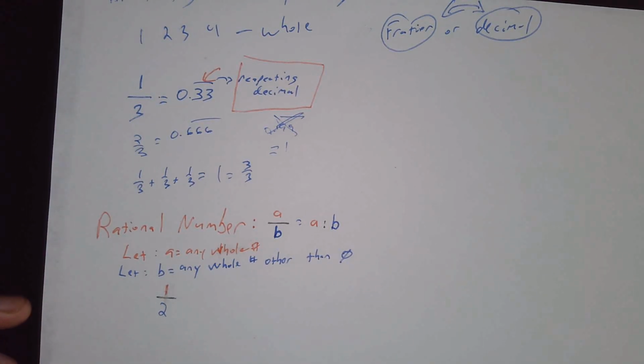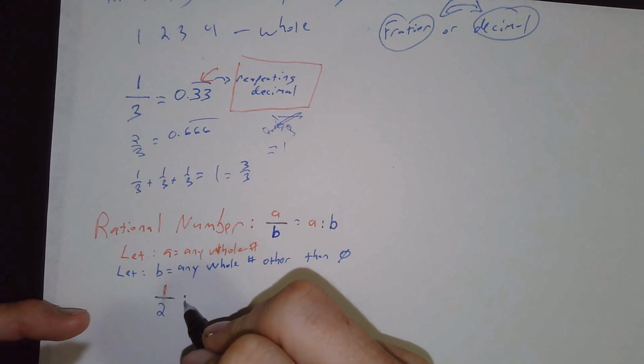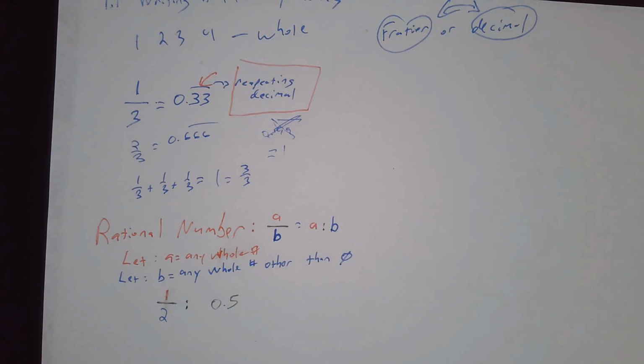Okay, so that is a rational number. So this would be a ratio of 0.5 in fraction form. If I had 2 apples, I would have 4 bananas. Okay, that's a rational number.